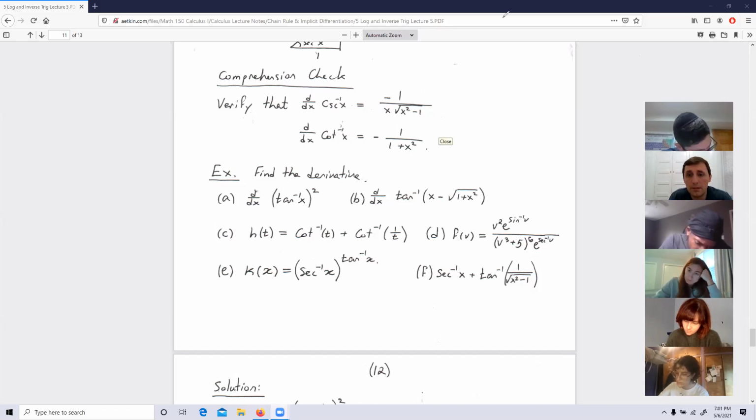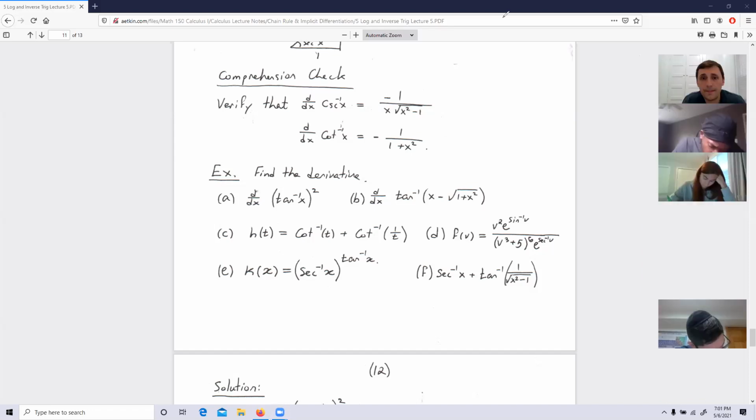Good, jump ahead. Derivative of C, please, fast.